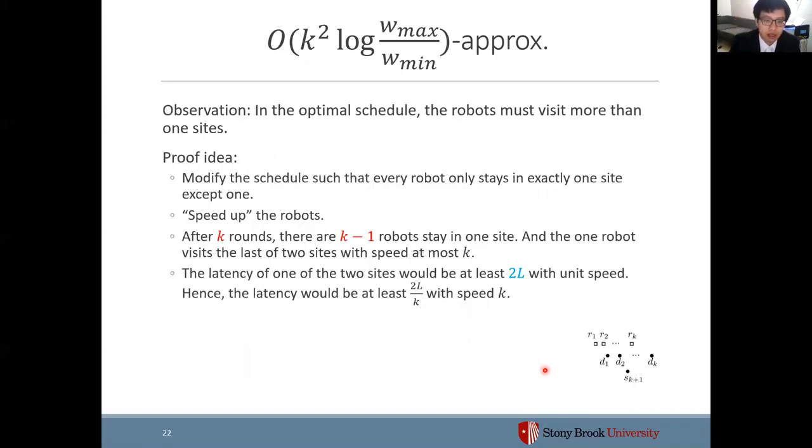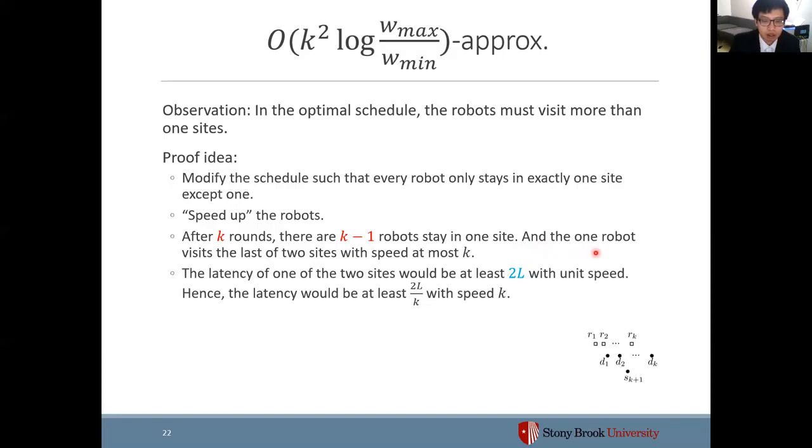So we call this modification one round. And in each round, we can make a robot stay in one site forever by this speed up at some interval. So after k rounds, there are k-1 robots staying in one site.